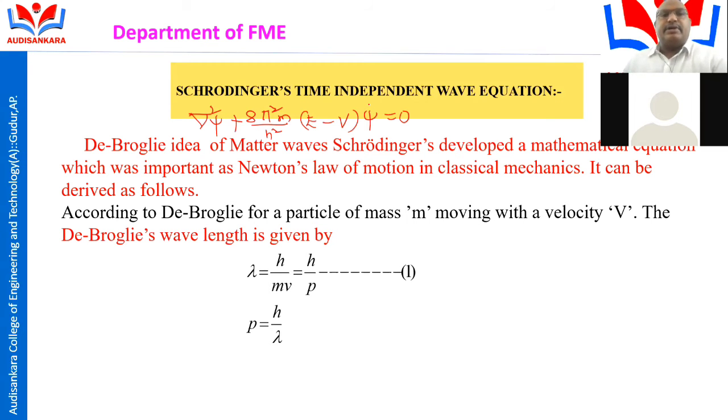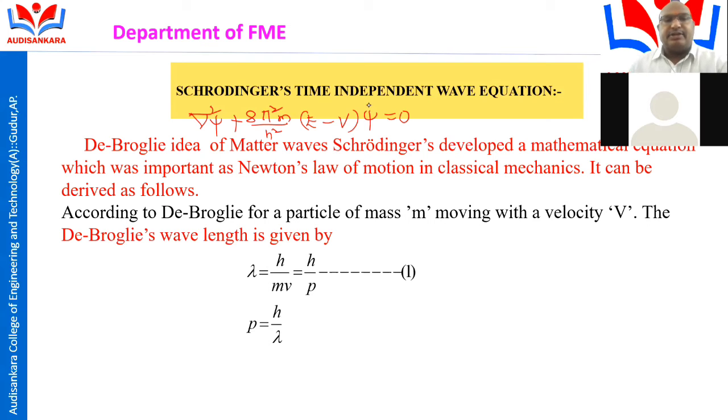That is called Schrödinger's time independent wave equation, where del is a Laplacian mathematical operator, m is the mass of the electron, h is Planck's constant, E is energy, V is potential energy, and psi is called the wave function.